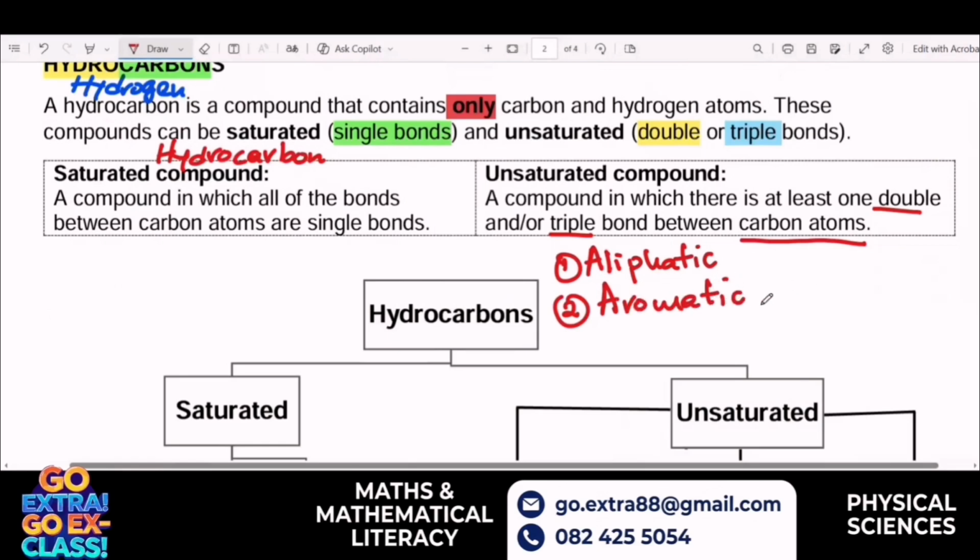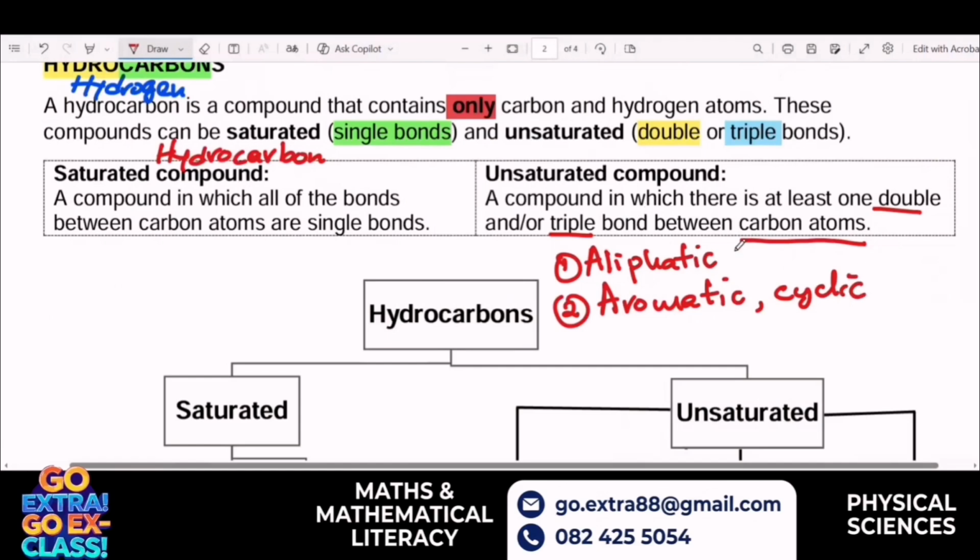Usually aromatic ones are hydrocarbons that are made up of cycles. Most of them are cyclic hydrocarbons. Their structures are cyclic.